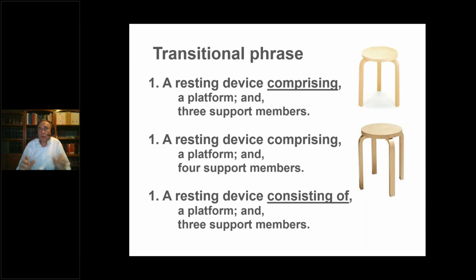So the first claim is a resting device, which is the stool, comprising a platform and 3 support members. Okay, so that's a really nice little claim, a resting device comprising a platform and 3 support members. So now somebody comes along and they file a patent application. And the patent application is for a patent with 4 legs. And so their claim is a resting device comprising a platform and 4 support members.